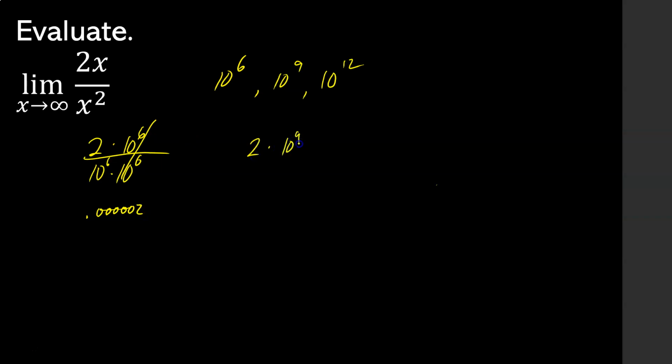2 times a billion over a billion times a billion. I think I missed a 0. And 2 times a trillion over a trillion times a trillion.